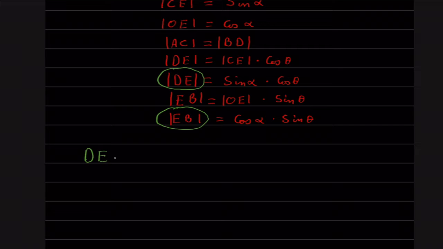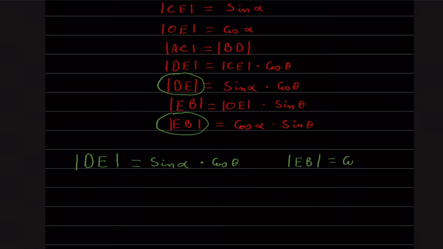DE, we've established, is sine alpha cos theta, and EB is equal to cos alpha sine theta.